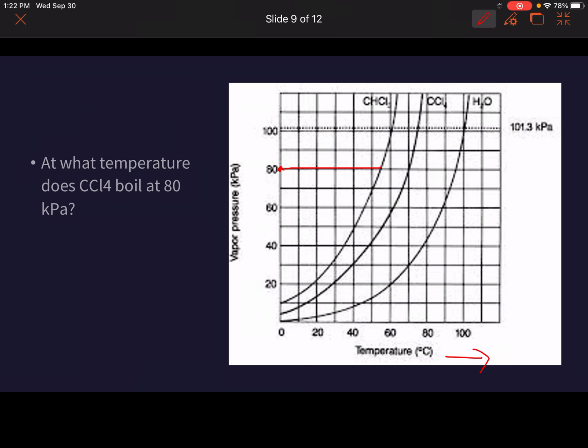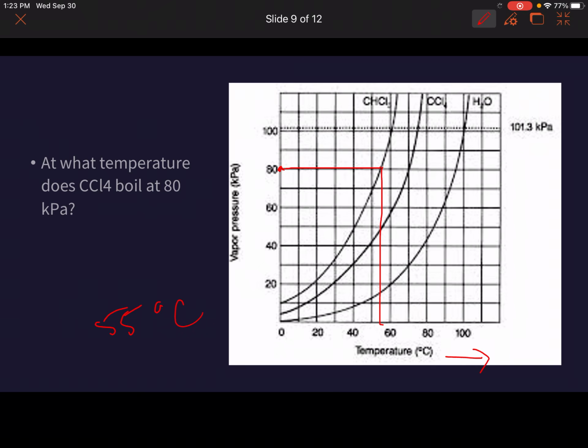At that point, that is when the vapor pressure is equal to 80 kPa, which is equal to the 80 kPa of the atmospheric pressure. And so you're going to just drop your perpendicular here, and you're going to read it, and reading off the chart there, it's going to be around 55 degrees Celsius, okay?